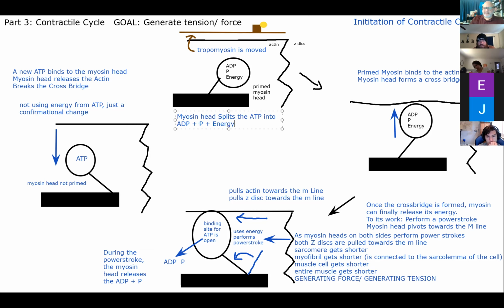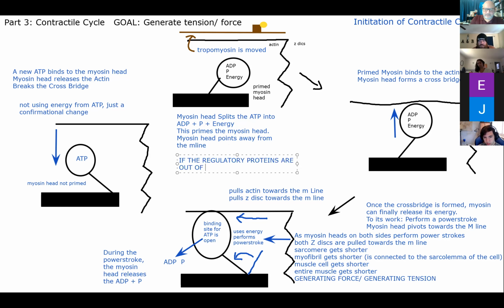When it splits the ATP, this primes the myosin head, and the myosin head points away from the M line. And of course, and here's the key word, if the regulatory proteins are out of the way, the process continues. The cycle continues.